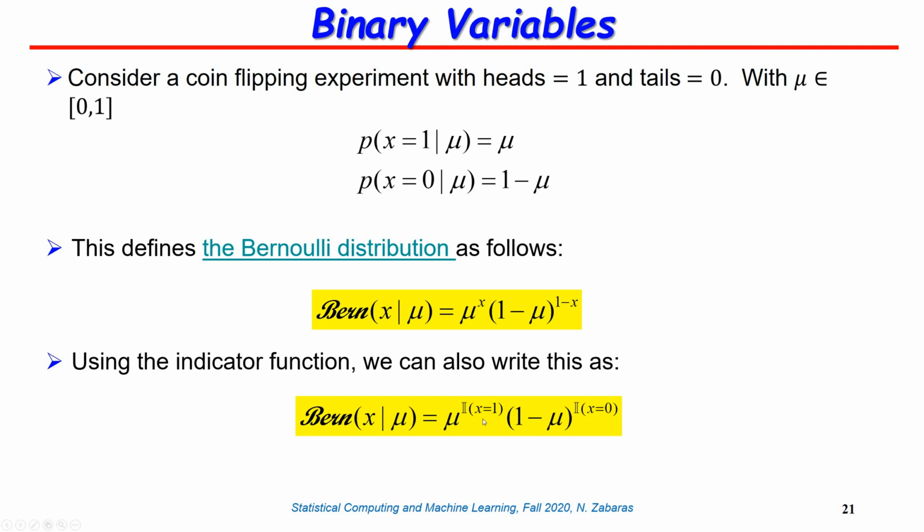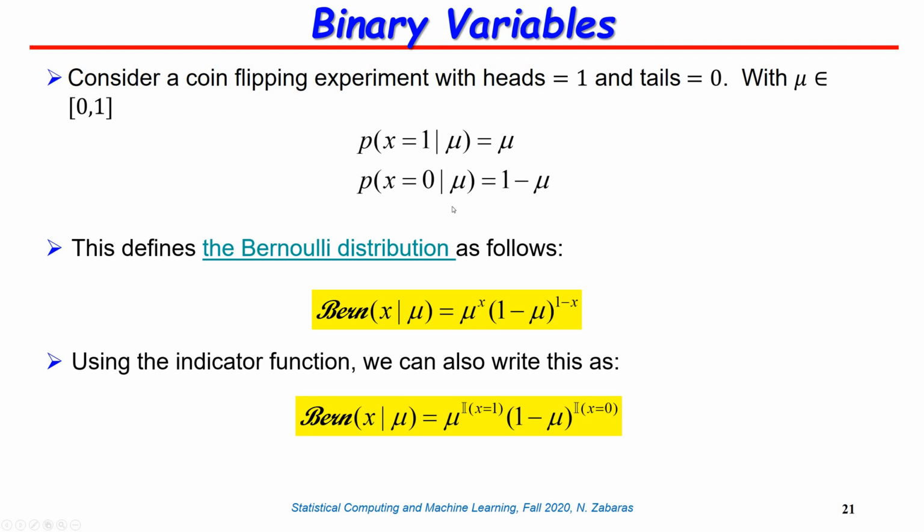That way you really remember that this variable can only take the values x equal to 1 and x equal to 0, because otherwise these indicator functions will be 0, okay? So when x equal to 1, this indicator function is 1, and this gives you mu. When x equal to 0, this indicator function is 1, and you get 1 minus mu, which is what we started with.